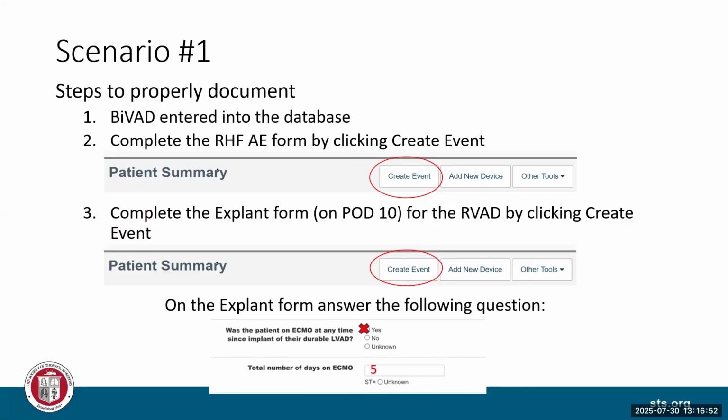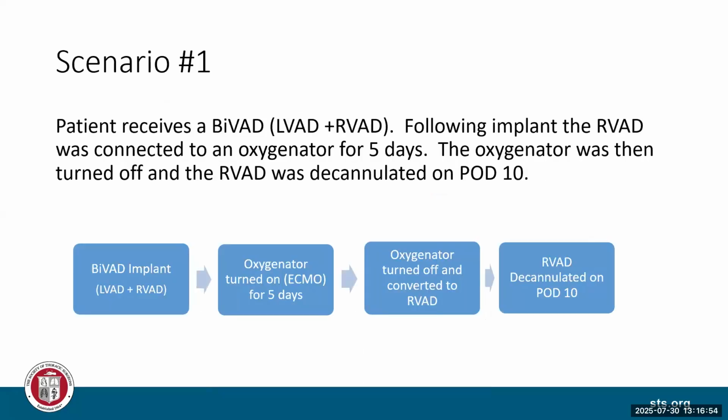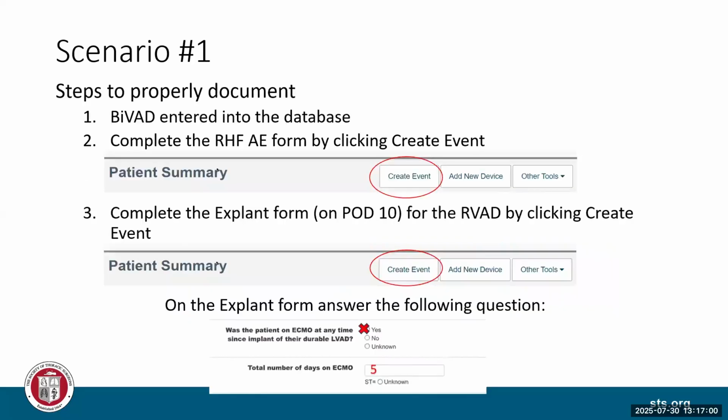So you didn't need to do anything when the oxygenator went on for 5 days because it was already functioning as an RVAD. And then we are interested in, after it was entered into the database, how many days was the patient on ECMO? And so then on the explant form and implant discharge form, this question is asked, and you would select 5.